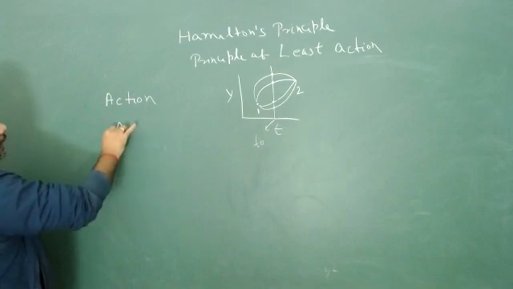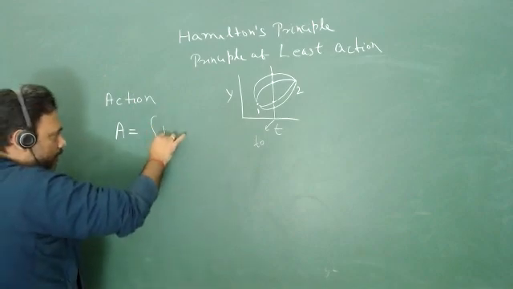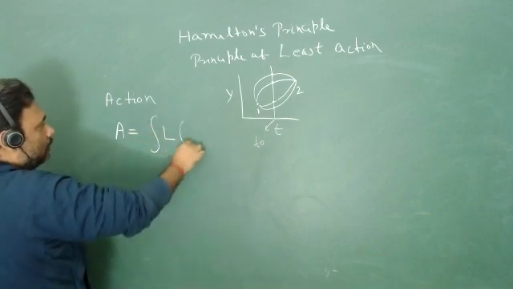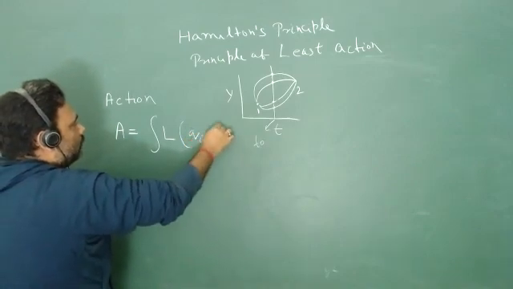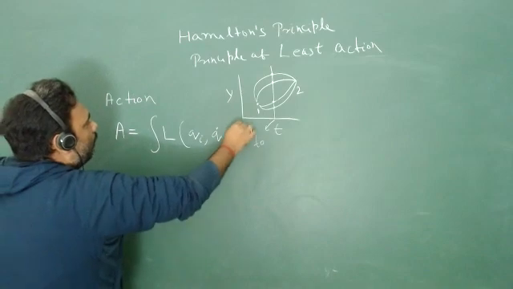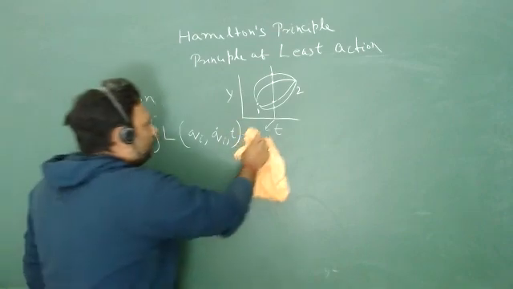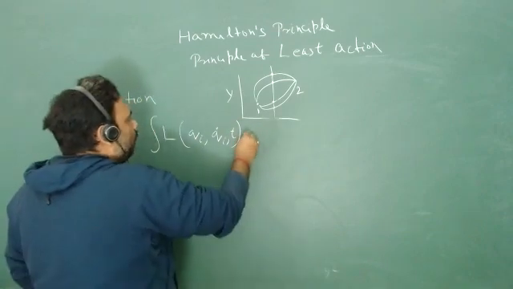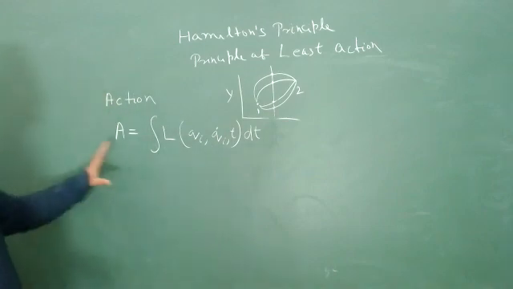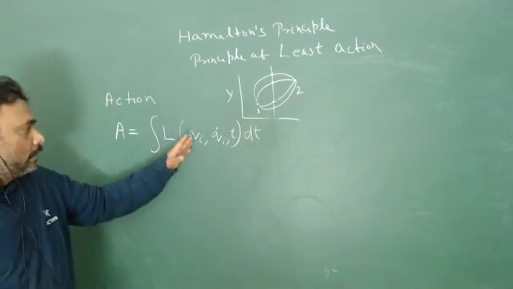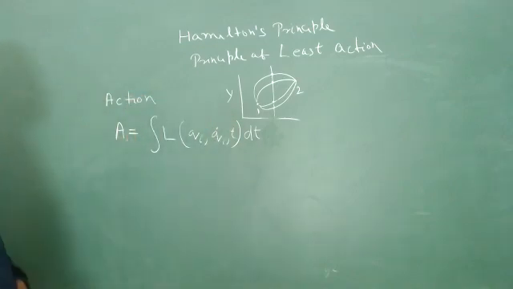Let's say action is defined as A, and it is some function of the generalized coordinate, the generalized velocity, and it may be a function of time, dt. Action is nothing but a function of the generalized coordinate, generalized velocity, and time dt. This is the definition of action.